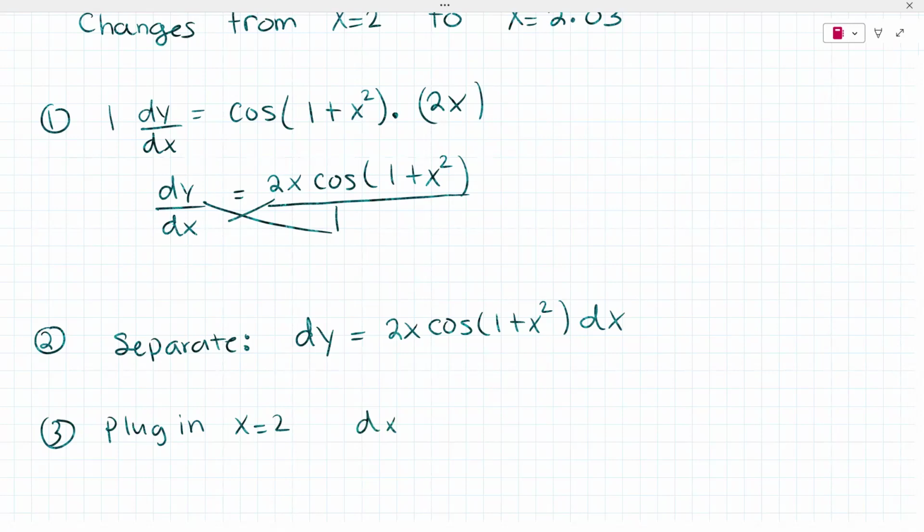So the dx is the change, 2.03 minus 2, which is 0.03. So that's our dx.